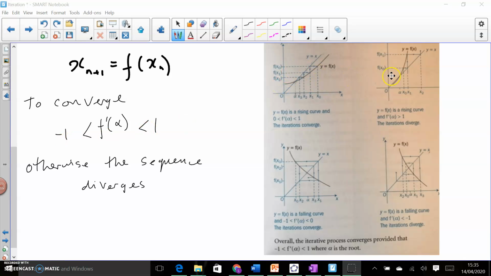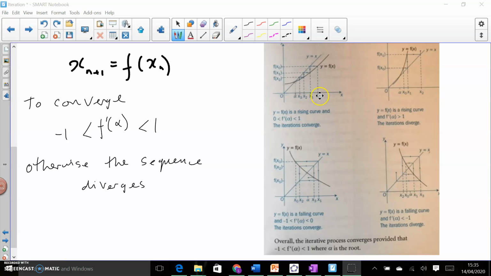If you look at these diagrams here, this one is the staircase one. You can see the curve gradient is less than the gradient of y equals x, so it's less than 1 and it's positive.